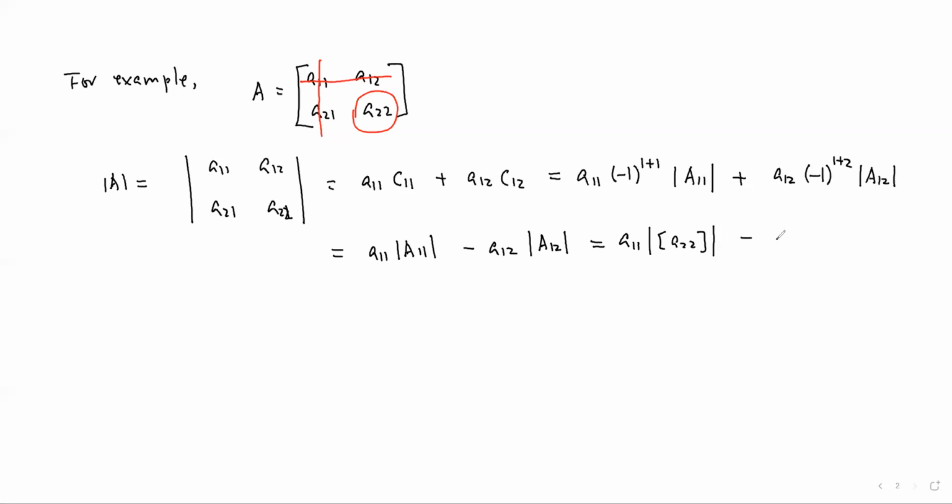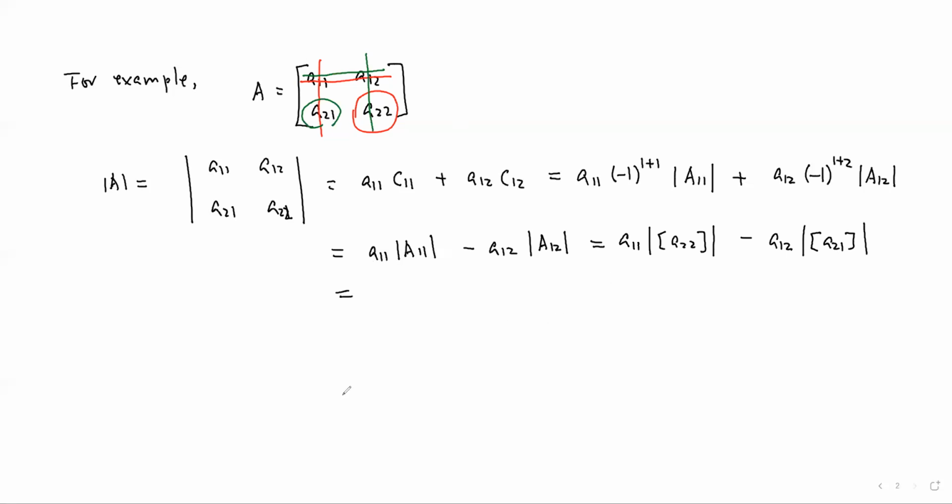Then minus A12 times the determinant of this capital A12. Capital A12 is a matrix. To get the matrix, delete row 1, column 2. So this entry remains. This is the determinant of A21.